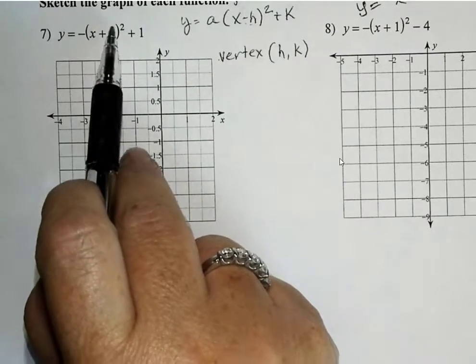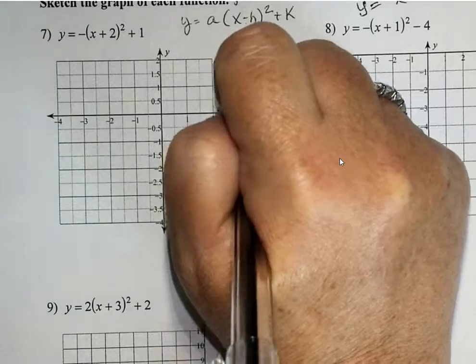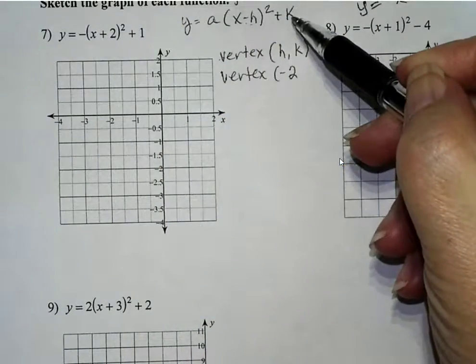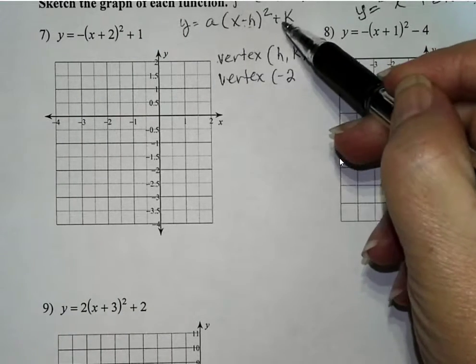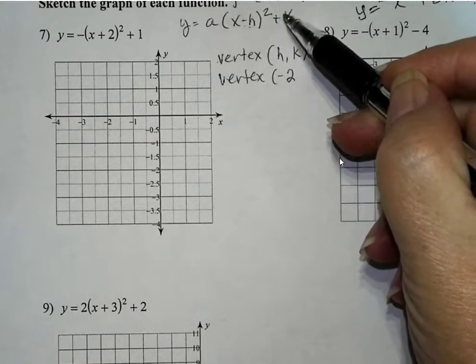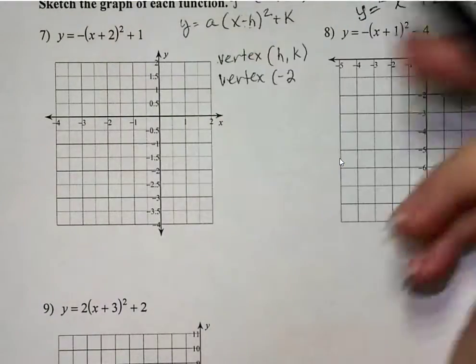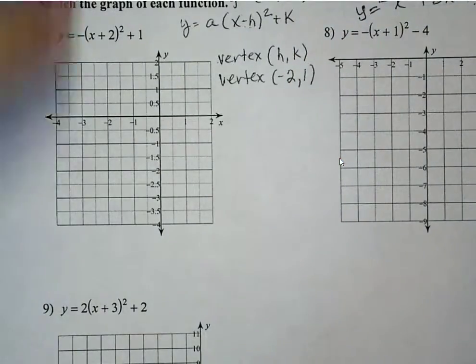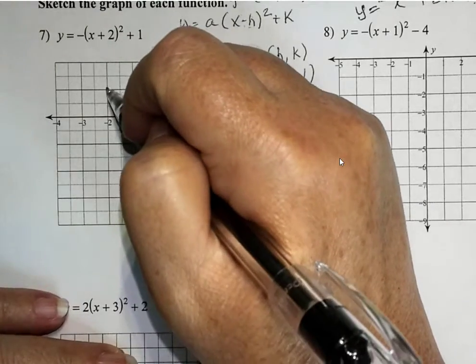So I look at the positive 2 and I take the opposite of it. But when you decide what k is, this does not say take the opposite of k. This just says take k for whatever it says. So on this problem k is equal to 1. So there is the vertex at negative 2 comma 1.